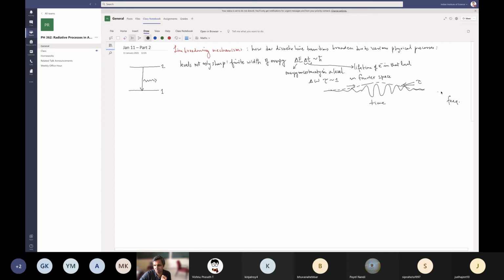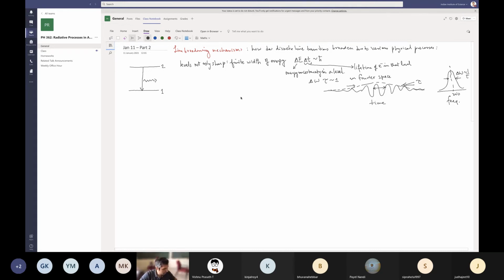If you do a Fourier transform of this, it will have some peak at omega naught, which corresponds to this time scale, and it has a width delta omega, which is of order 1 by tau. So this is related to the Fourier description of a signal in time and a signal in frequency.